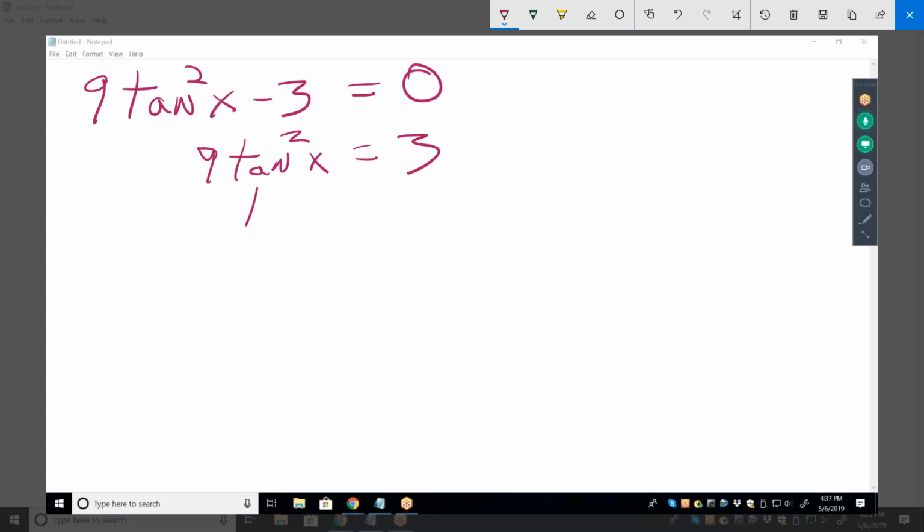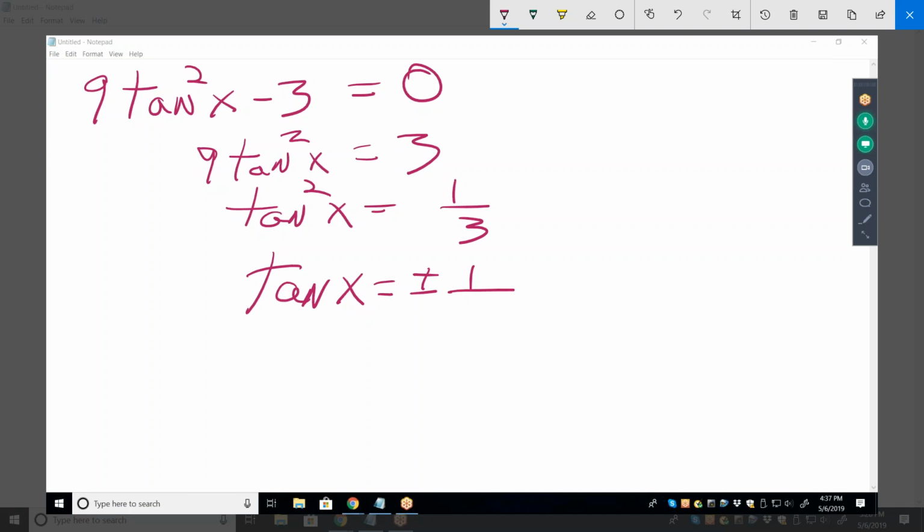Tan squared x equals 1/3. Next line. Tan of x equals plus or minus root 3. Plus or minus what? Root 1/3. Okay, or just 1 over root 3. Yeah. In other words, that's my preferable way of writing it.